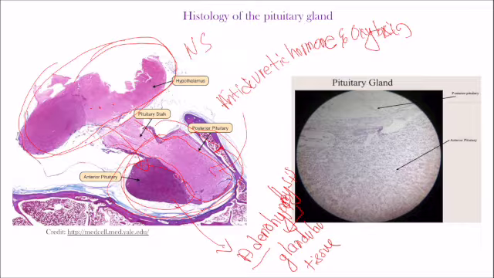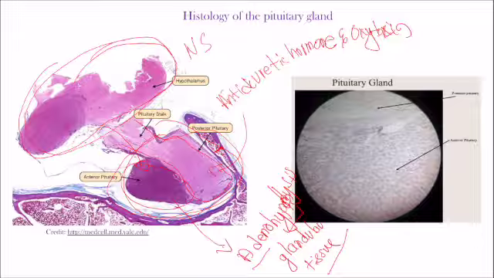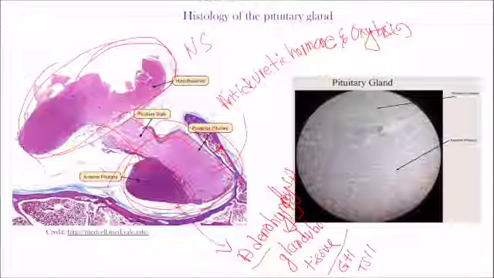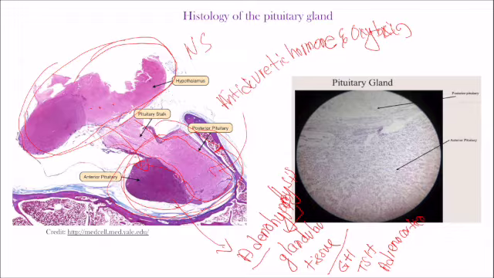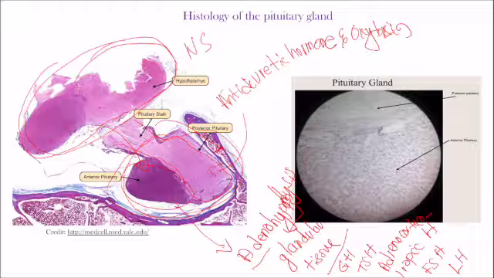So what they produce, their list of hormones: growth hormone, thyroid-stimulating hormone, which I wrote in the other slide previously, adrenocorticotropic hormone, follicle-stimulating hormone, make sure you write the full name, luteinizing hormone, LH, and prolactin.